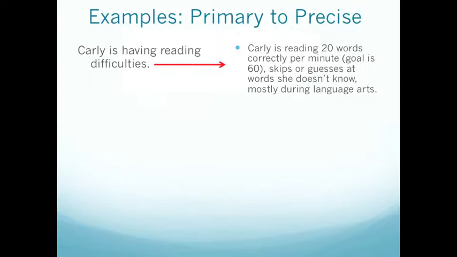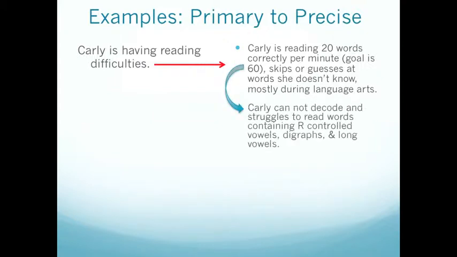She skips or guesses at words she doesn't know, mostly during her language arts class. We can also get more specific by saying Carly cannot decode. She struggles to read words, especially those containing R-controlled vowels, digraphs, and long vowels. With this level of precision, we can now move towards looking at solutions to help Carly reach success.